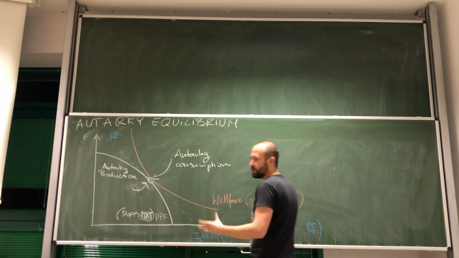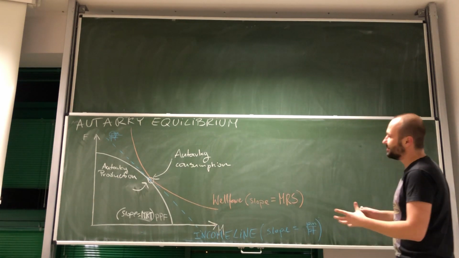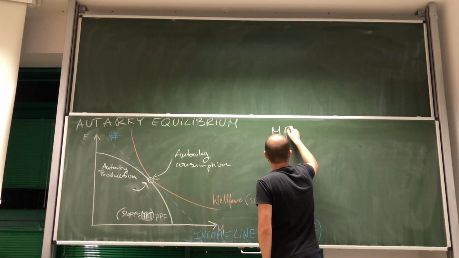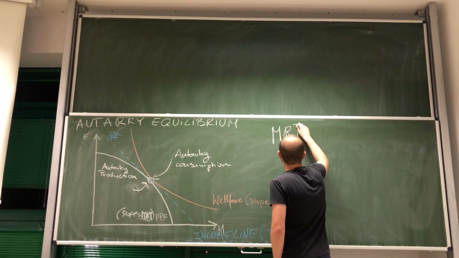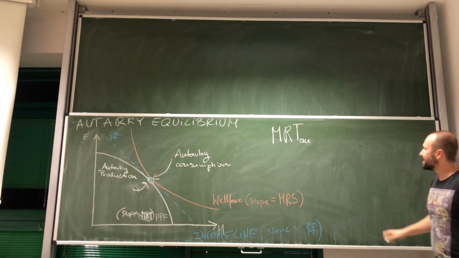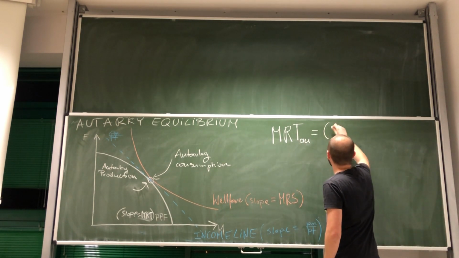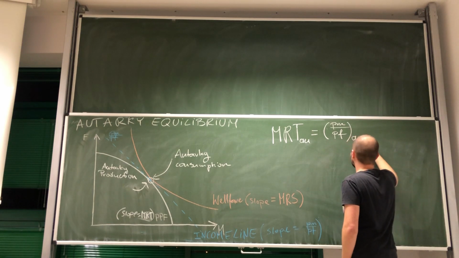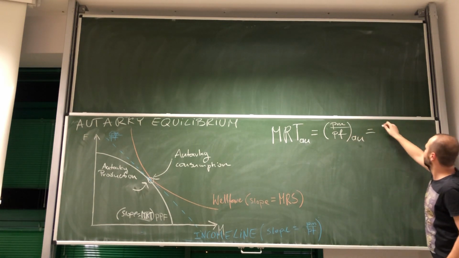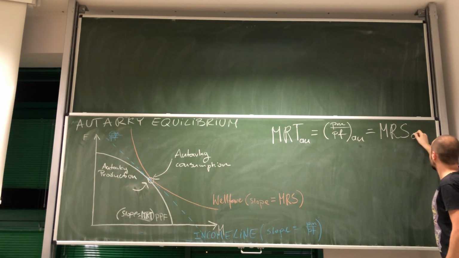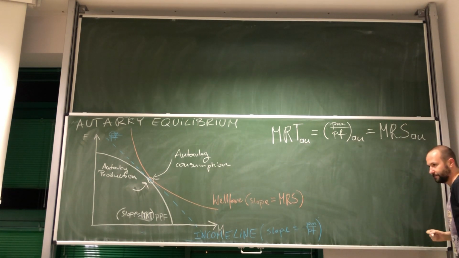So what should be the equilibrium condition? Well, it's very simple. The marginal rate of transformation, where we're going to use subscript AU to denote autarky, must be equal to the price ratio in autarky, and this must also be equal to the marginal rate of substitution in autarky.